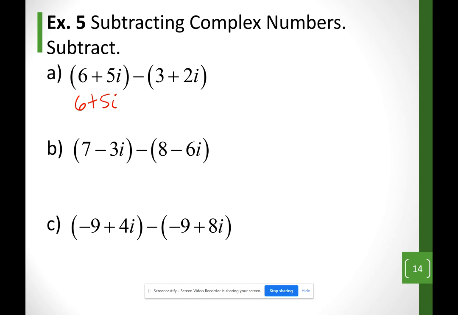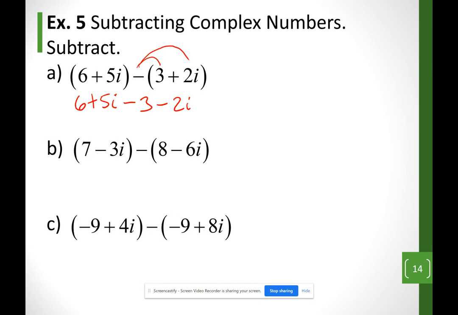Now, because of the minus in between the parentheses, I'm going to distribute it to the parentheses that comes after. So every time I'm subtracting complex numbers, the negative sign, I distribute it to the parentheses that comes after. So let me call this minus 3 minus 2i.